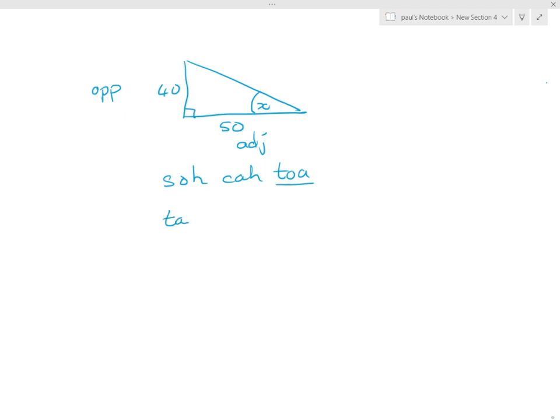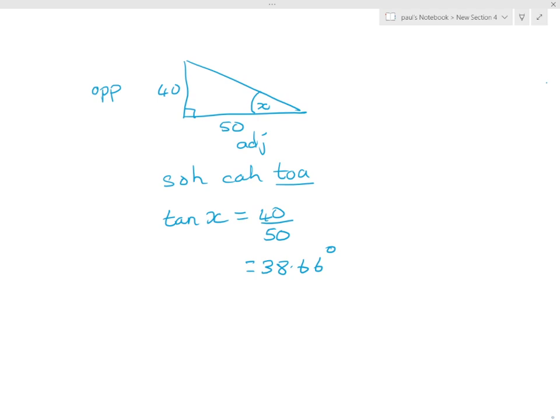So tan x equals opposite divided by the adjacent, which is 50. So again, we do shift tan 40 divided by 50 equals 38.66 degrees. Yeah.